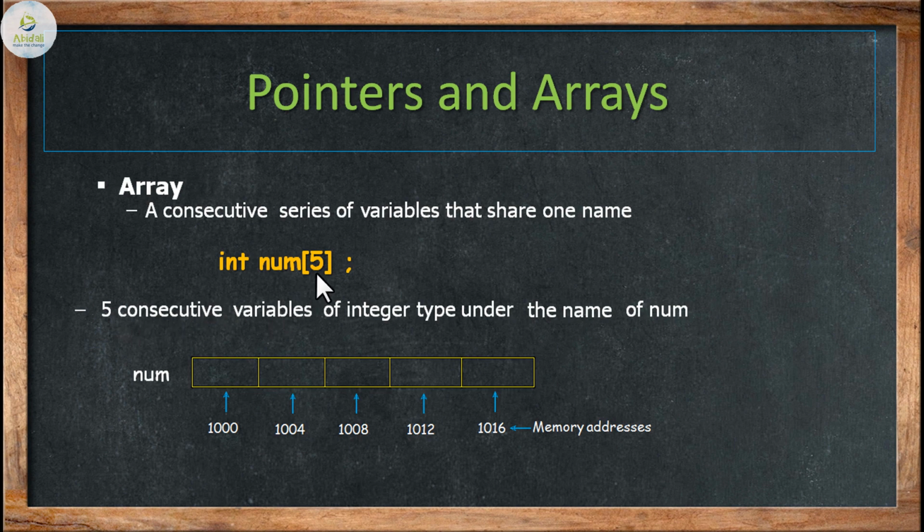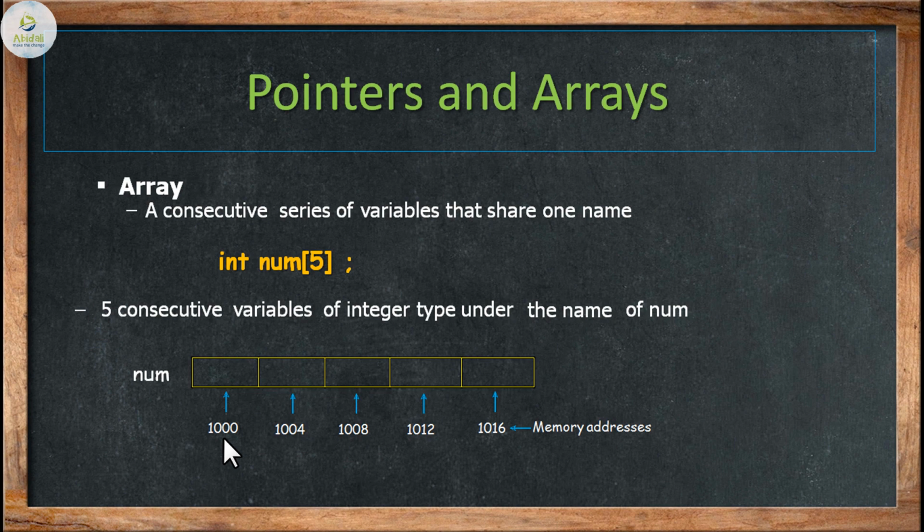Because the number of elements in the example is 5, that is num[5], 5 consecutive variables of integer type, because of the data type, will be allocated under the same name, num. This is the worth of the statement that we are telling the compiler. So num is an array consisting of 5 blocks.